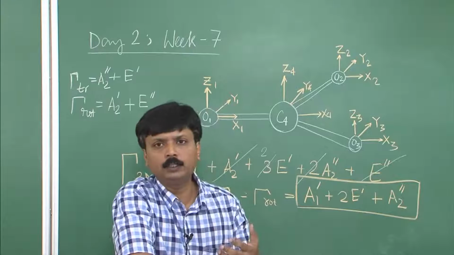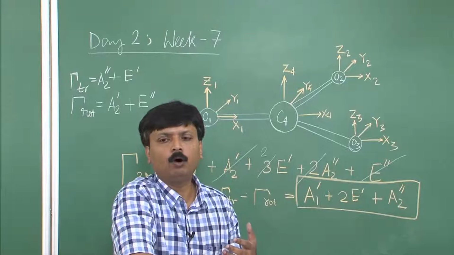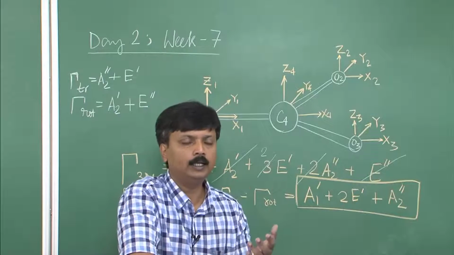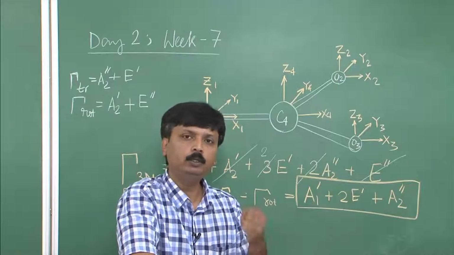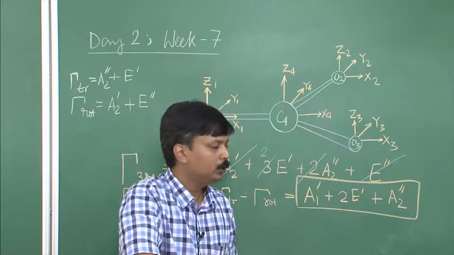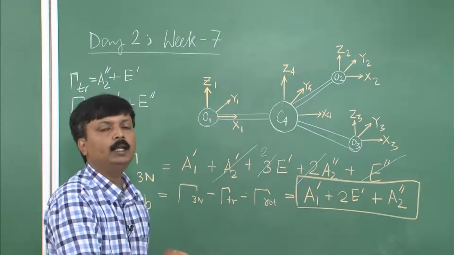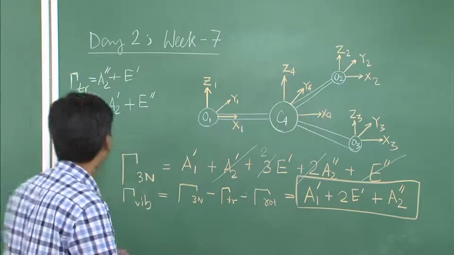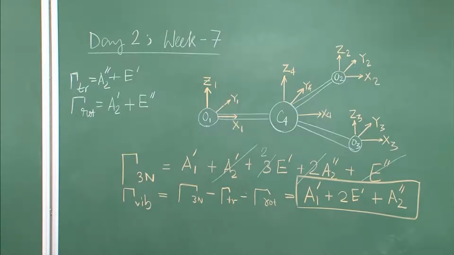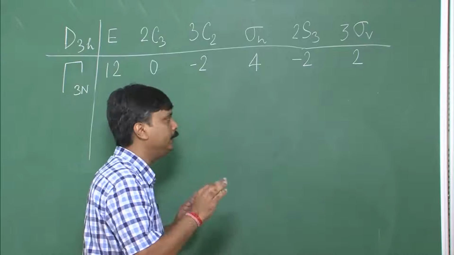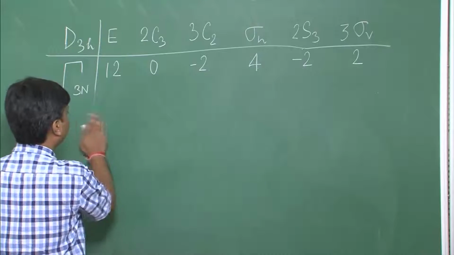Now which one you consider first, or which one you consider later, there is no hard and fast rule. You can start with any one of them. For example, if I start with these CO bonds, then we can form a representation where my number of basis functions is 3.